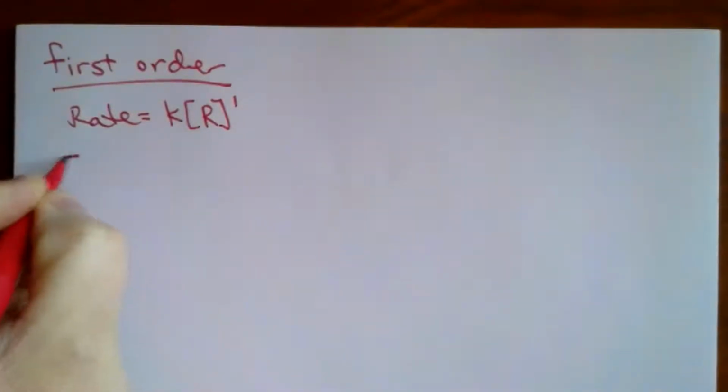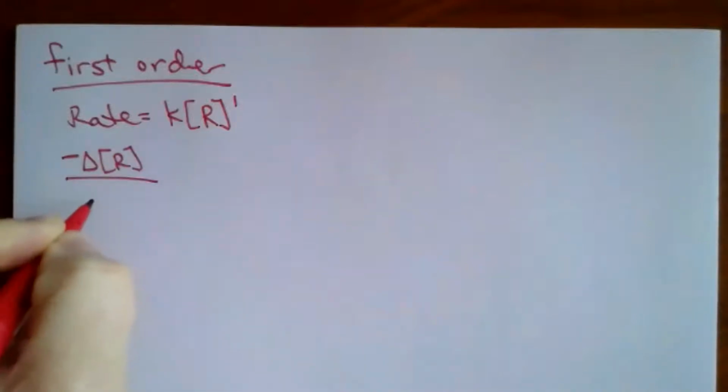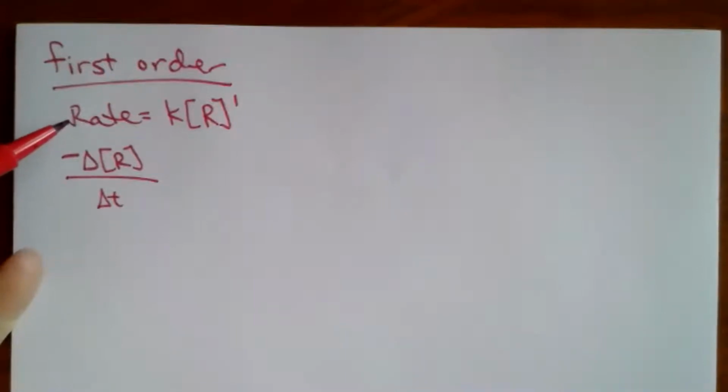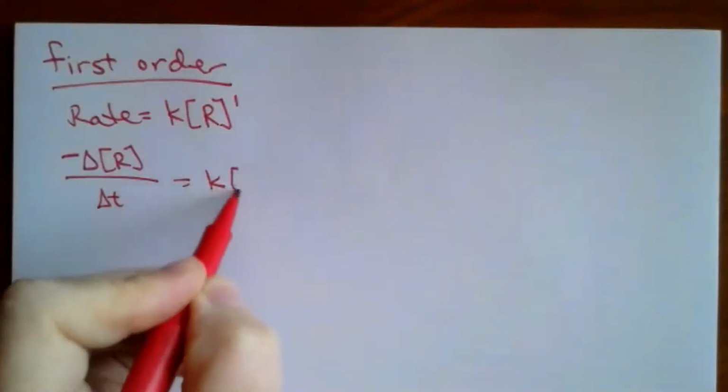Well, back a long time ago, when we started talking about rates for the first time, we said the rate of the reaction could be expressed as the rate of decomposition of reactants over time. So if I just substitute in the rate of decomposition of reactants over time, I get this guy. That still equals my rate law.